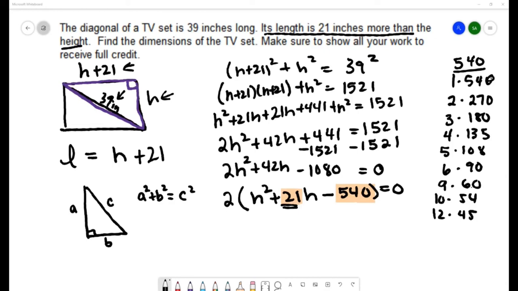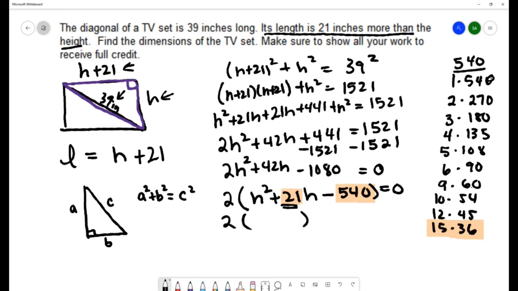Okay, 13 does not work. 14 won't work. 15 might. Let's try 15. So 540 divided by 15 is 36. 15 times 36. And 36 minus 15 does give me 21. So there's the pair I was looking for.